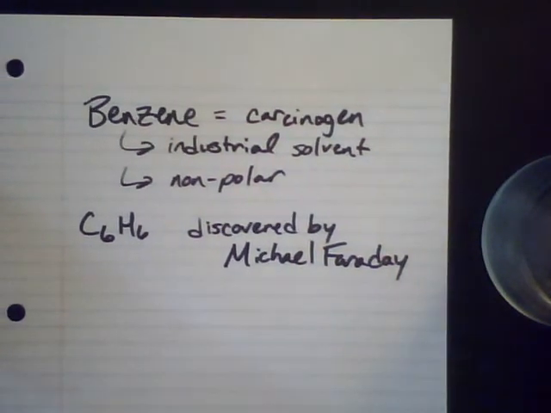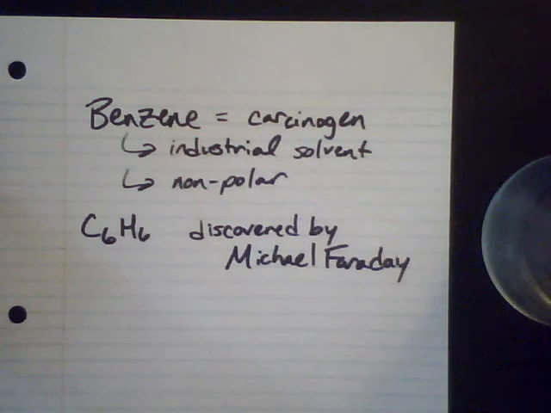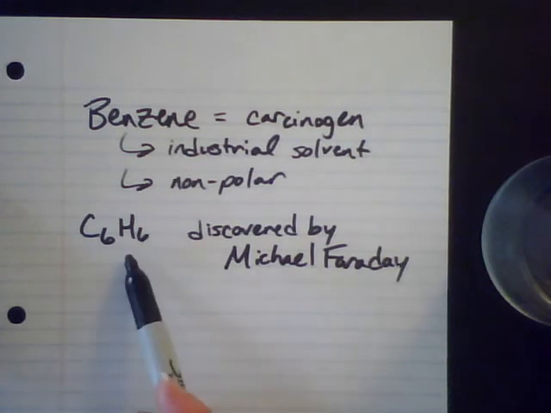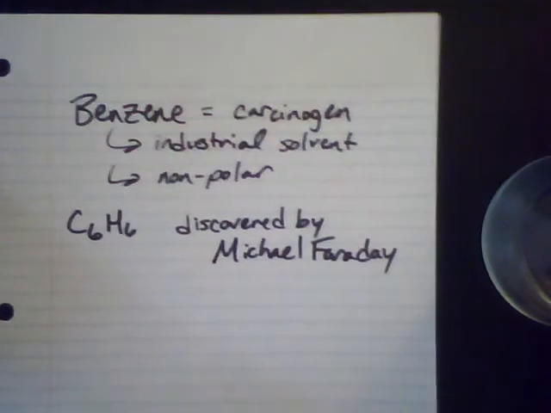So he was the one who discovered it, but they could never figure out what the overall structure was, because that means that we have a 1-to-1 ratio of carbons to hydrogens, which is kind of bizarre.